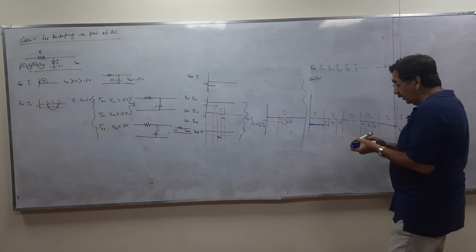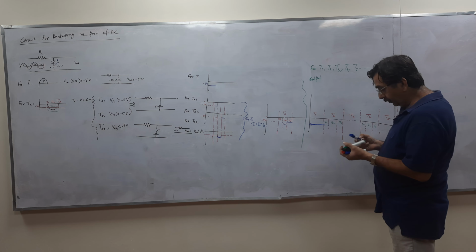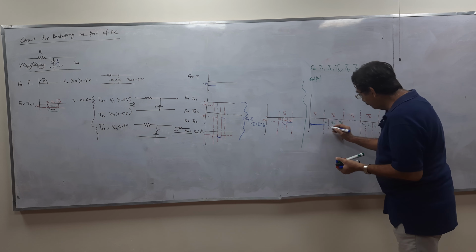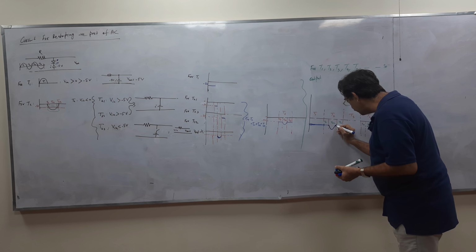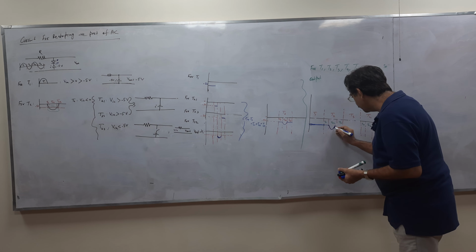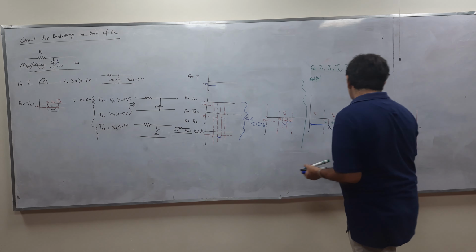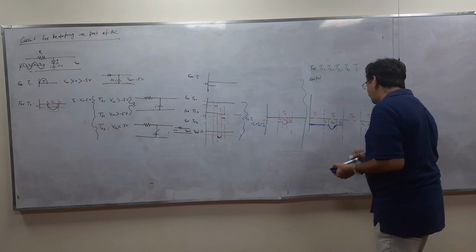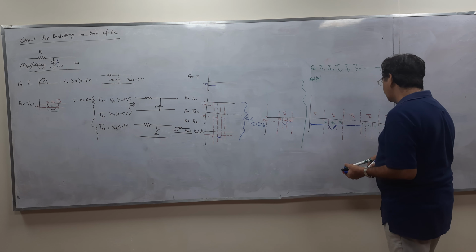So for T21 that will be constant. For T22 this will be like the input wave. Then T23 will again be constant. T43 will be a constant.